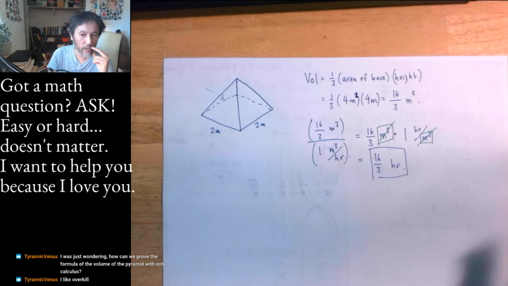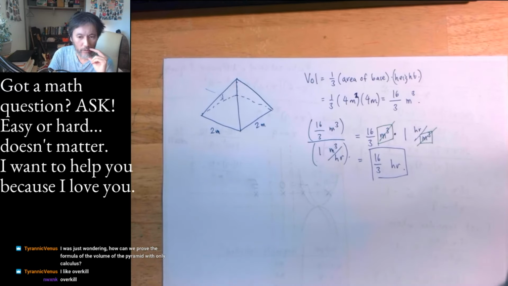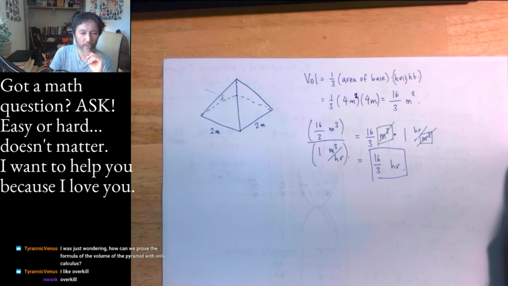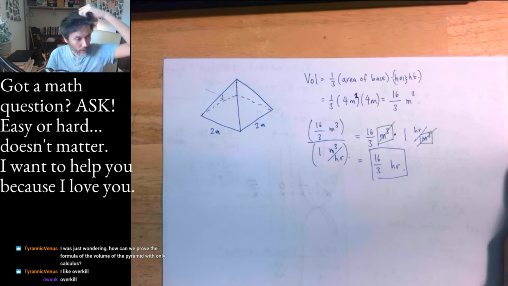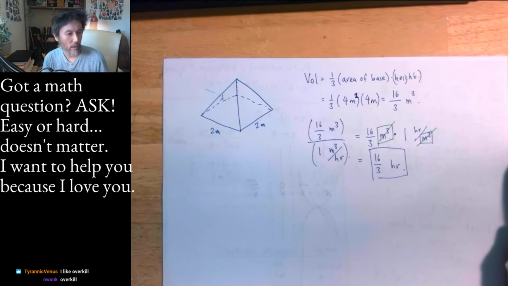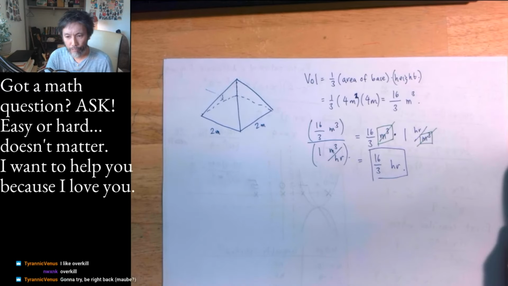Okay, queue. Hey, anybody else got a math question? The queue is cleared. So if anybody else does have a math question, just go ahead and ask. Okay, I'll be here.